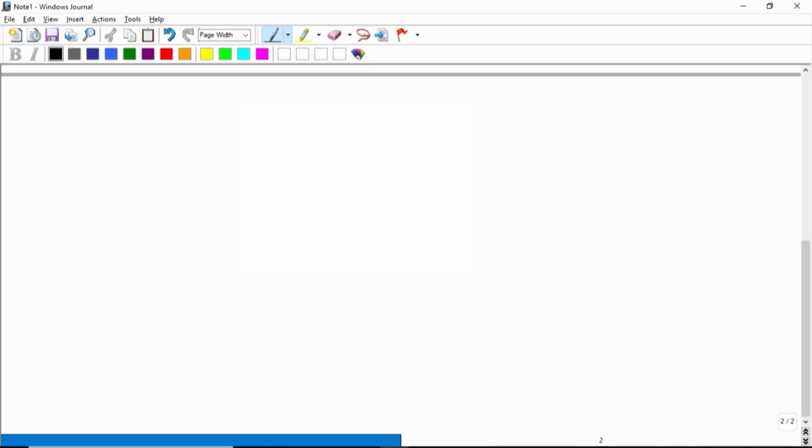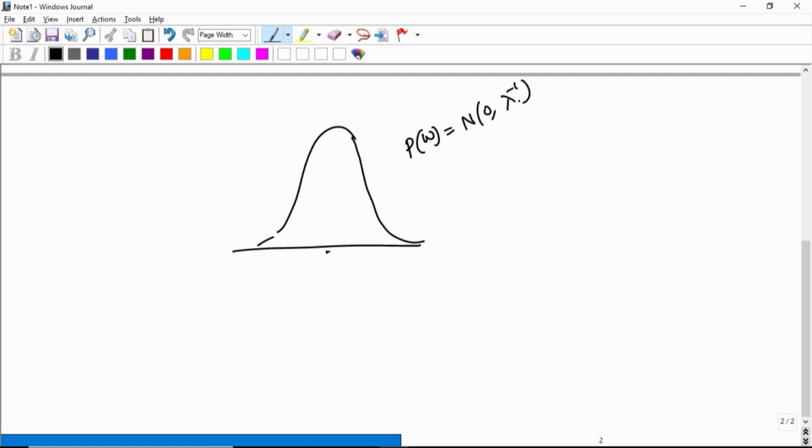It's peaked around 0. Suppose I have a Gaussian distribution with mean 0, and suppose this point is 0. Suppose my weight is drawn from a one-dimensional Gaussian distribution with mean 0.